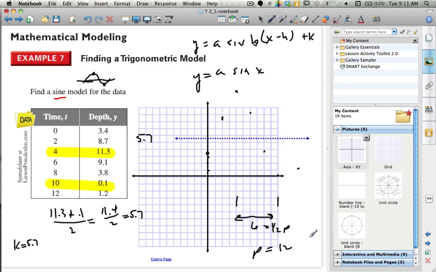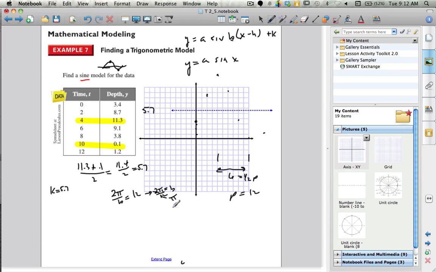So I know that 2 pi over b is equal to 12. That means b is 2 pi divided by 12, so b is pi over 6.